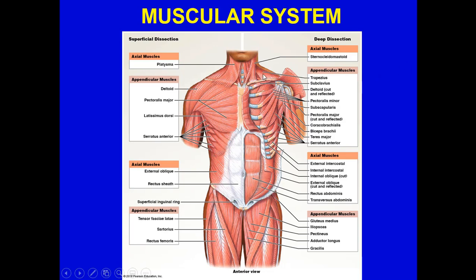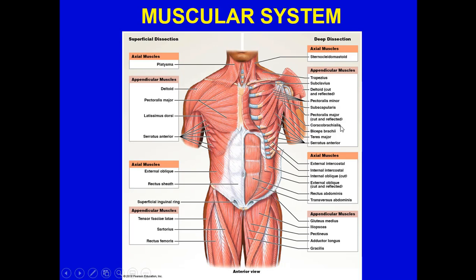Then we look up here, after we pulled away the platysma, and we have the trapezius, the subclavius, below the clavicle. The deltoid has to be cut and reflected, pulled back, so that you can see the pectoralis minor, all of this, the subscapularis, the pectoralis major, and that had to be cut and reflected.